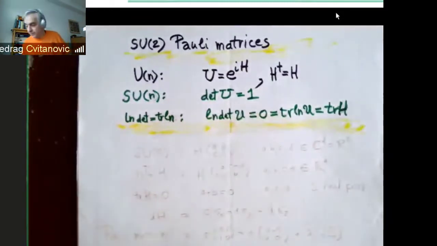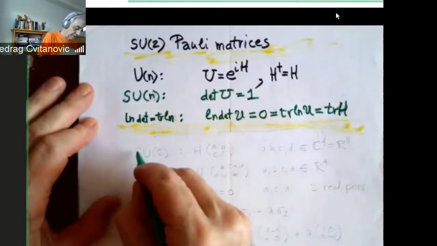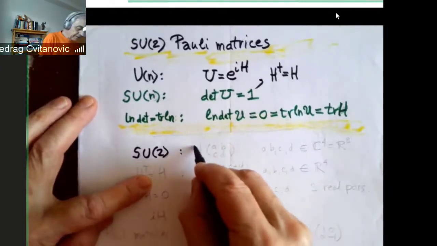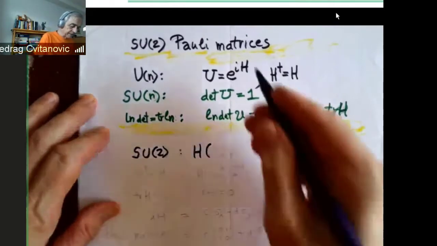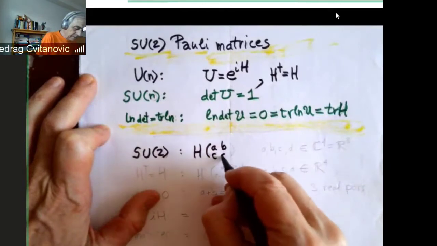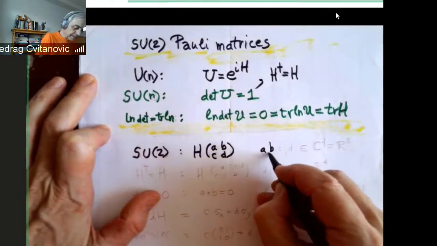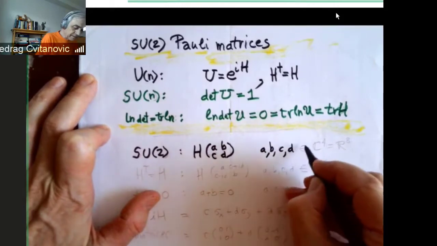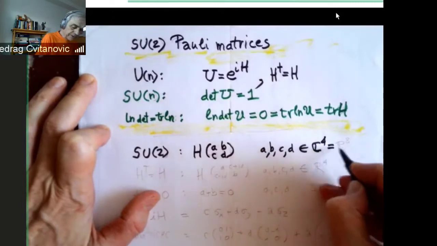Let's specialize to the simplest or next to simplest unitary group, which is SU2. In that case, the generators of that group, or the stuff that's up in the exponent, in principle, they're 2 by 2 complex matrices where A, B, C, D are 4 complex numbers. So in principle, we have 8 parameters.